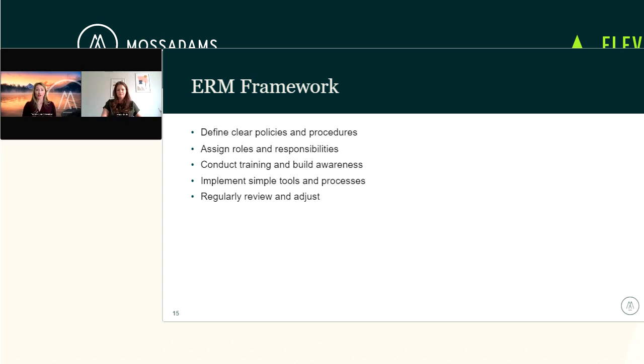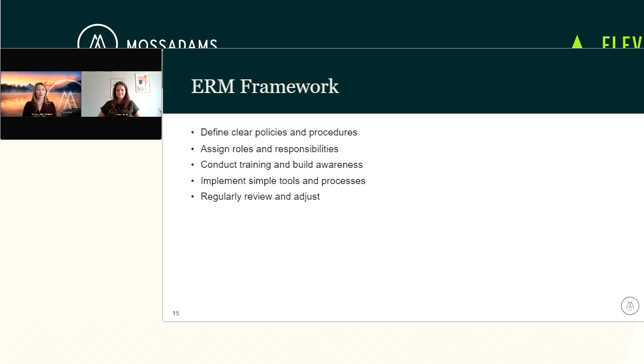As part of your framework, you should also have some risk management tools and processes so that this can go from sort of a conceptual discussion and program to a really hands-on program with tangible things that people can interact with. And we'll be talking about some of those tools that you're welcome to adapt in that next session.